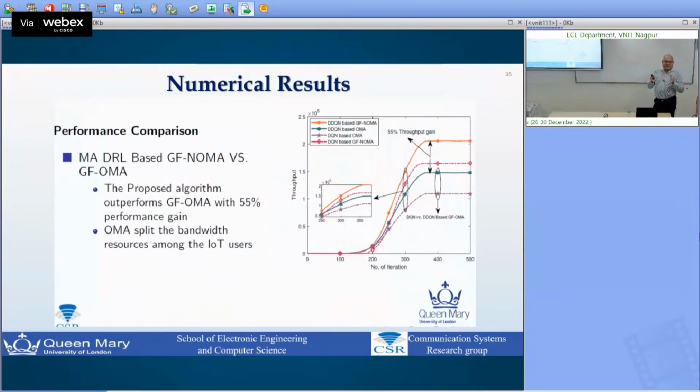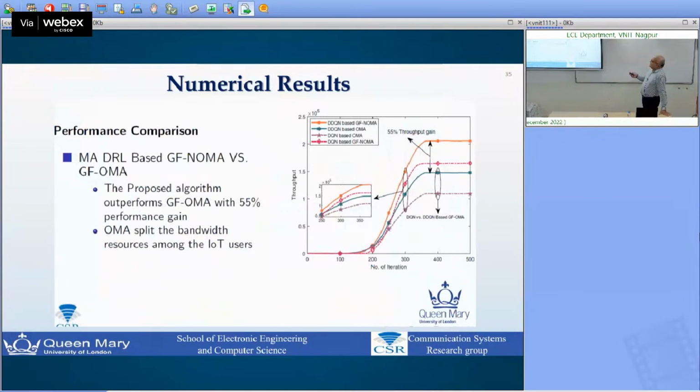If you have 100 devices, we split into 0.1. Then we may not achieve high throughput because every device has very small bandwidth. But with non-orthogonal multiple access we do not have the orthogonality, so the throughput gain is significantly higher.